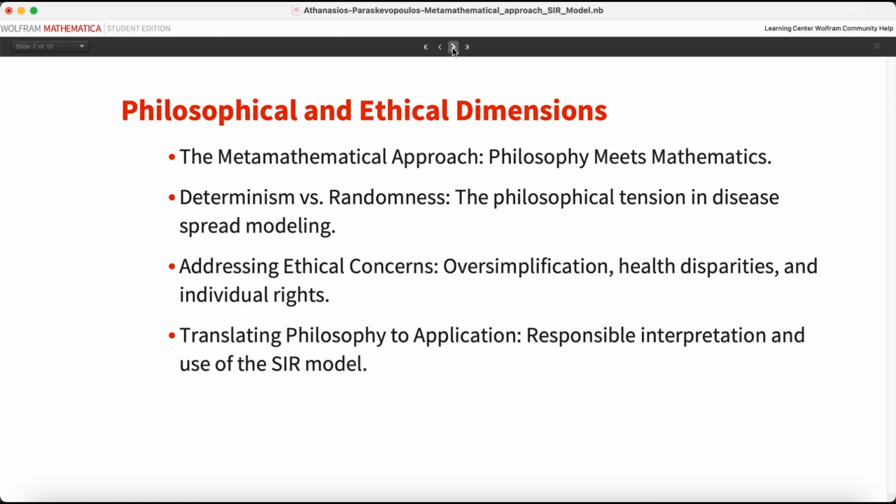It is fascinating how math can help us think about big questions like whether a disease spread is set in stone or just random. But as we know, real life isn't always straightforward.